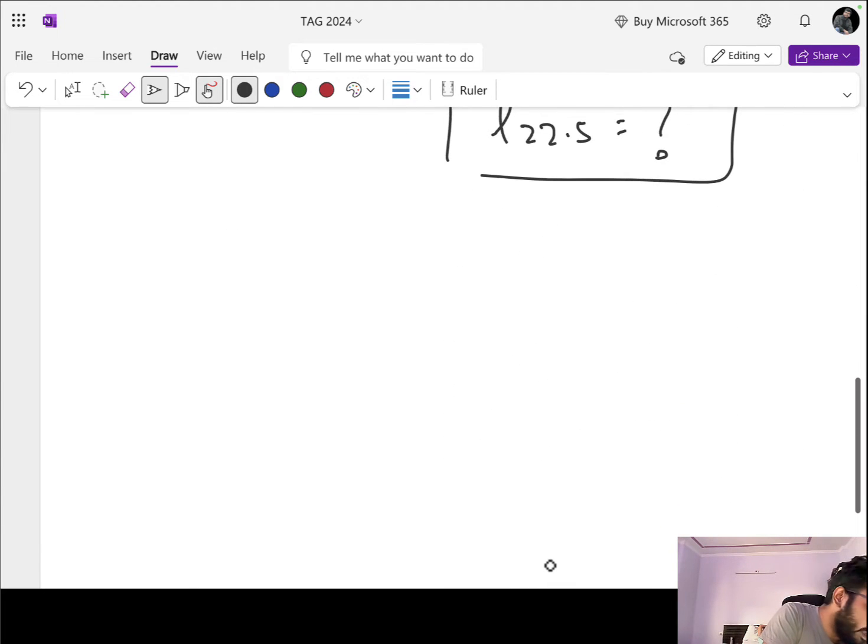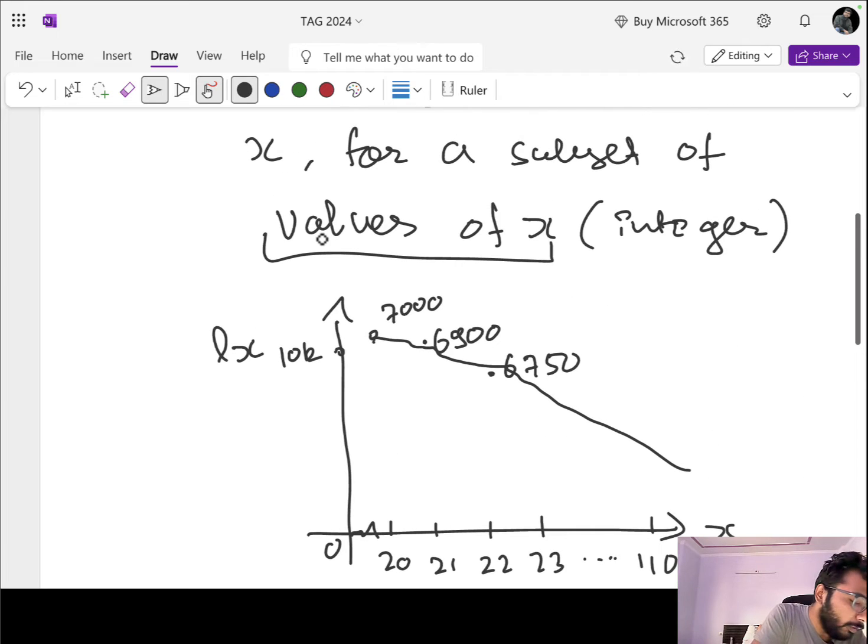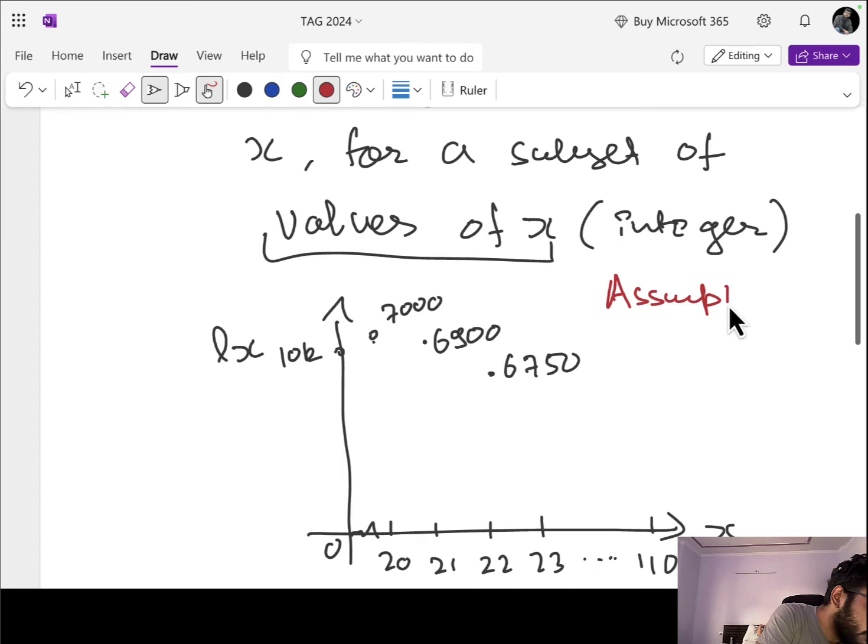Now, let us talk about the maths of it. What do I do here exactly, right? So, I know that Lx is a decreasing function. I know that it is falling in some fashion. If I am to apply linear interpolation, what I broadly do is I take an assumption. And what is that assumption?